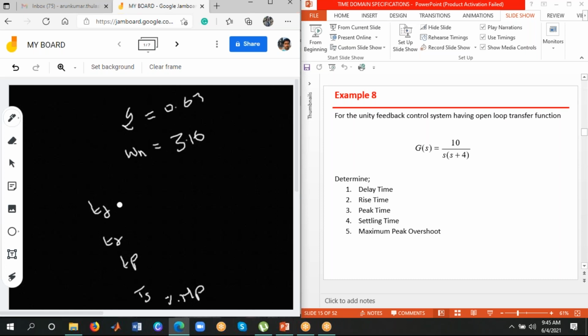Next, find the delay time. The delay time formula is 1 plus 0.7 zeta divided by omega n.